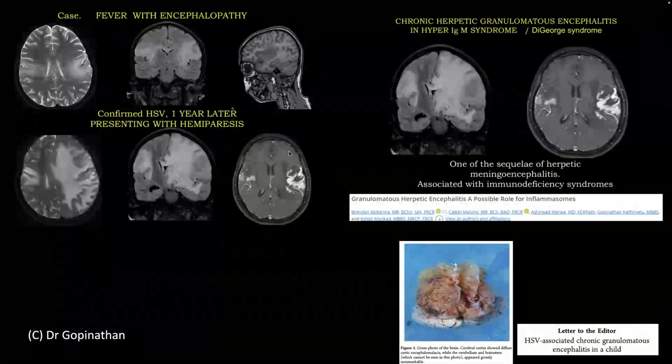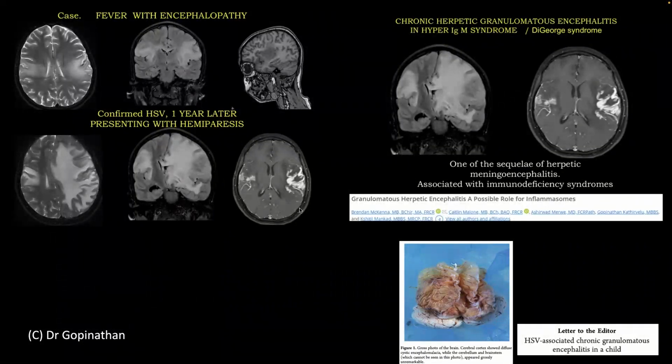This gyriform enhancement is usually seen with HSV encephalitis. Some of them can have other underlying conditions, as this case had hyper-IgM syndrome. I also found a pathological paper, no imaging, but they also described cystic changes and encephalomalacia in chronic granulomatous encephalitis. So in terms of imaging, I think that is one of the primary differentials we're thinking of.